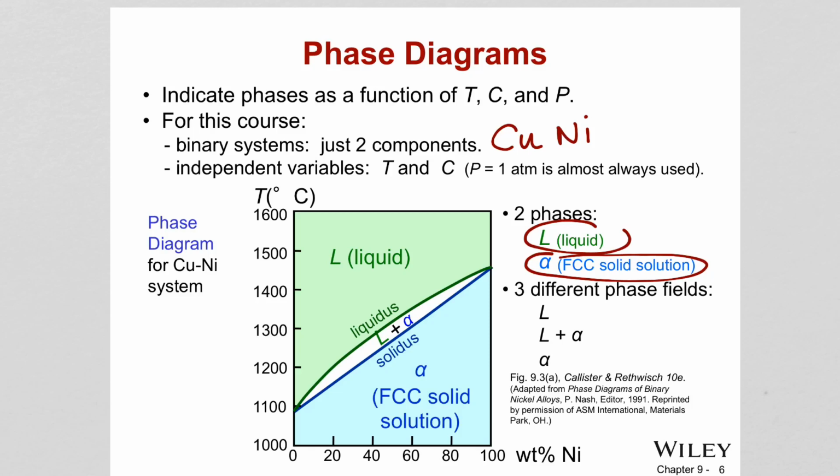But we have three different phase fields, because we are seeing liquid, we are seeing liquid and solid in equilibrium, and we are also seeing the solid solution alpha, representing three different phase fields.